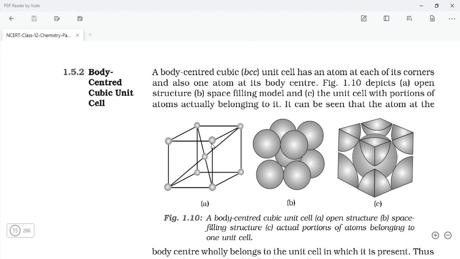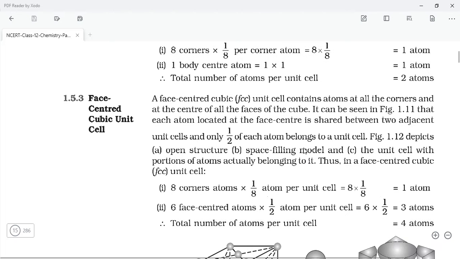Body centered cubic unit cell: you have one atom at the body center of the cube and 8 on the corners.